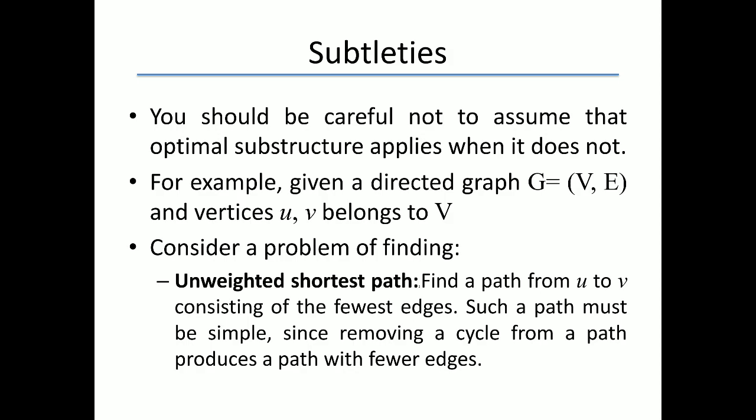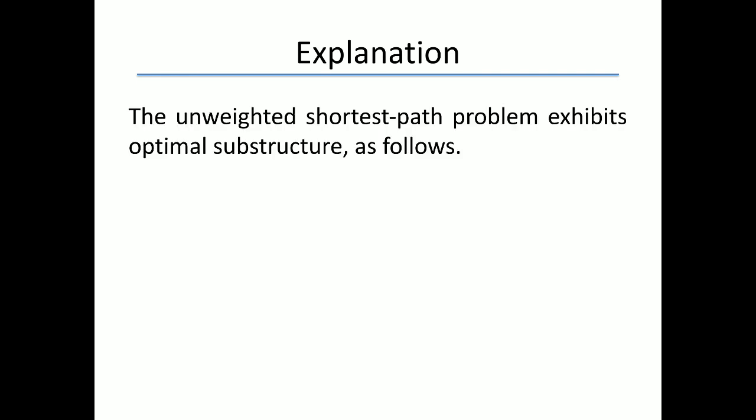So there is no cycle and no loop in the graph. Now, we'll see that this problem, finding the unweighted shortest path, exhibits optimal substructure.